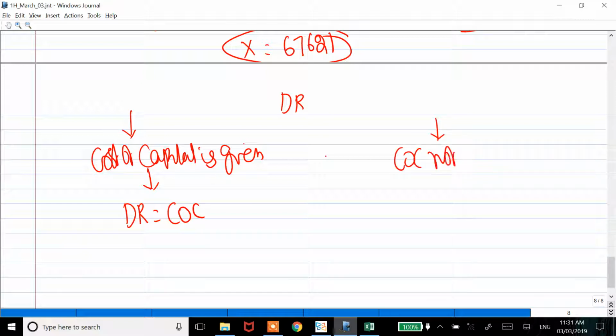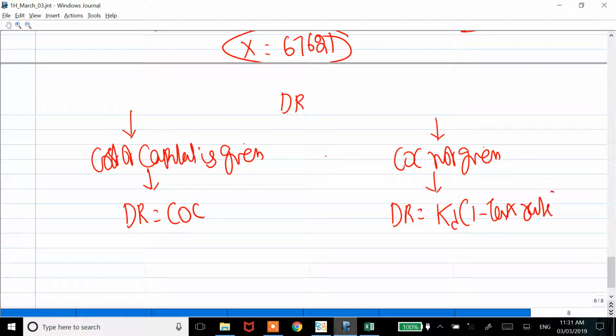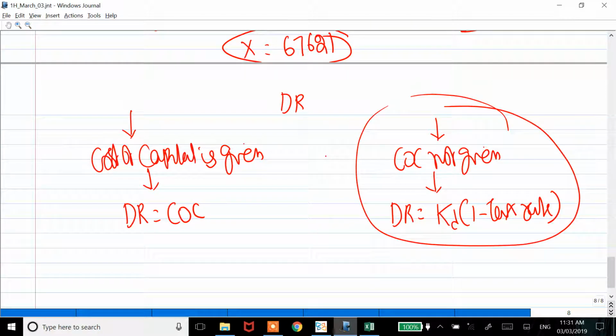If COC is not given, discount rate is equal to post-tax cost of debt, cost of debt into 1 minus tax rate, technically called after tax cost of debt. In fact, all authors follow this. This is what you should follow. You should not even worry about cost of capital.